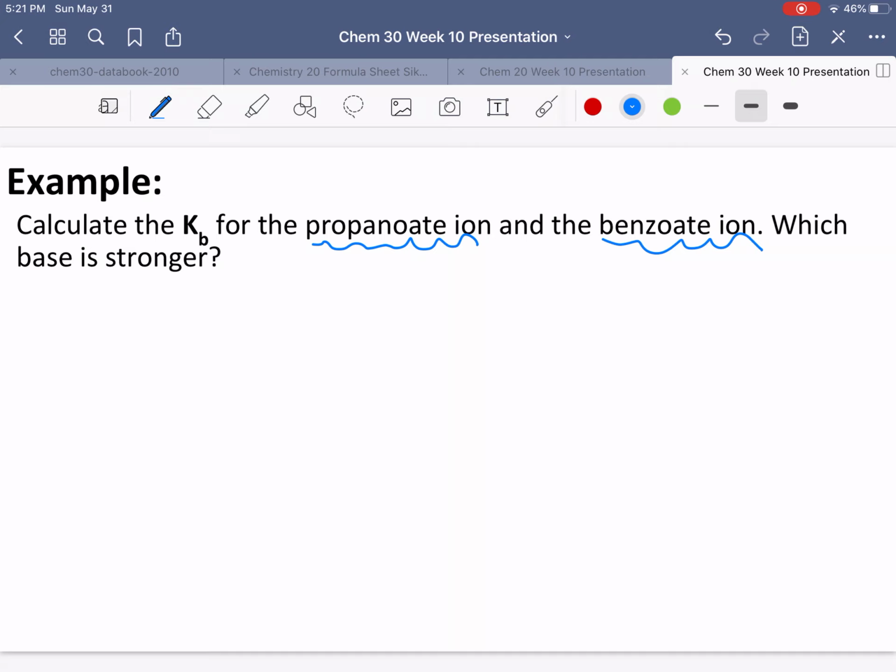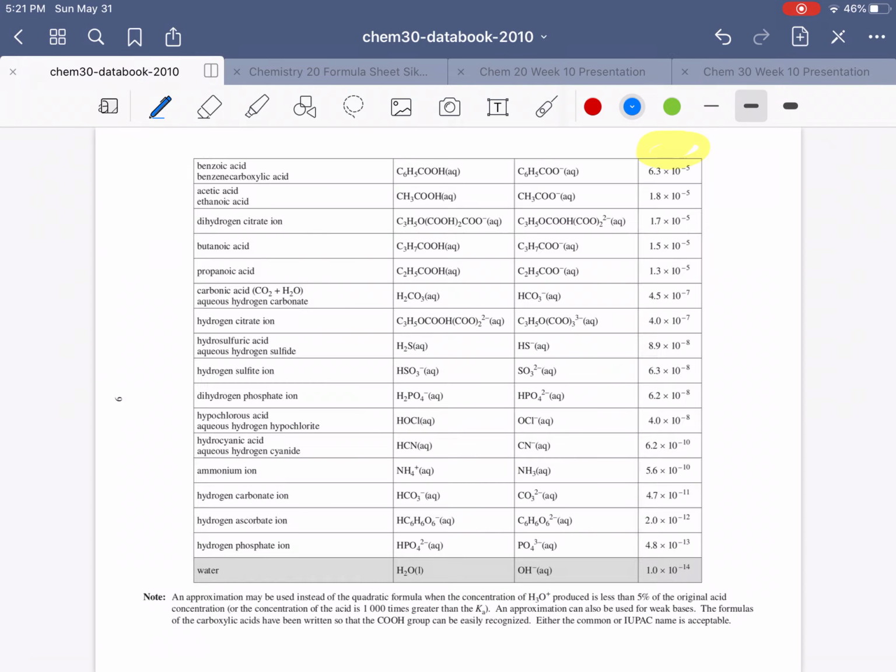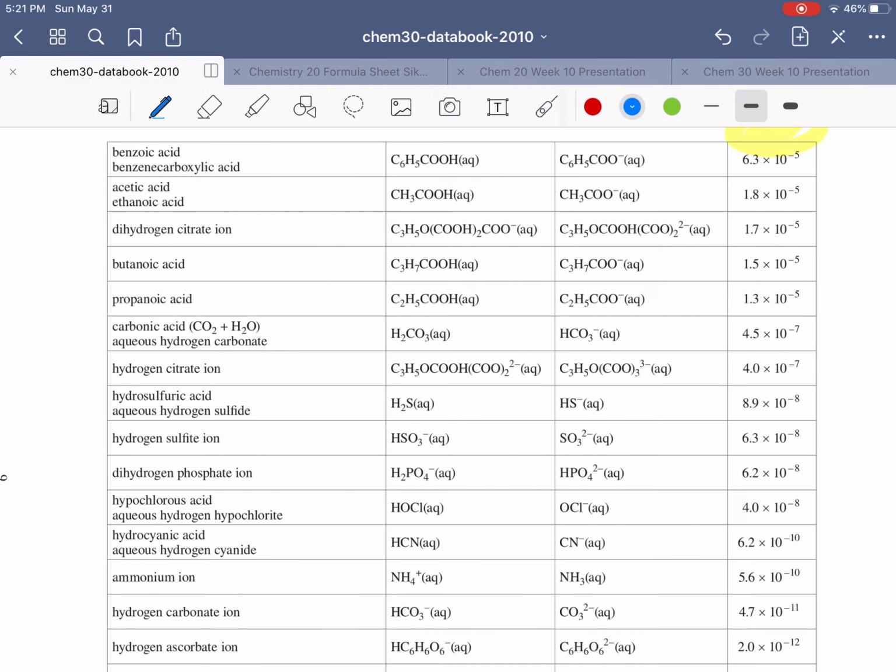One way is, okay, if this is propanoate, that would go with propanoic acid. It's not the same as, but if you put a hydrogen on it, it's propanoic acid. Similarly, you can think, okay, if this is benzoate, when you add on a hydrogen to it, it's benzoic acid. Knowing those two things, you can go over here and start to look at the table.